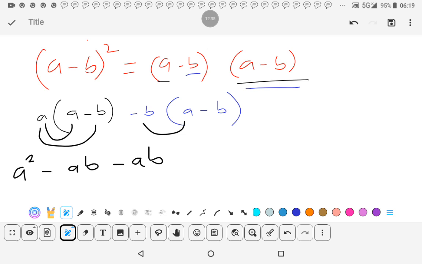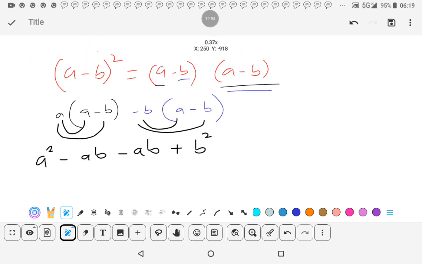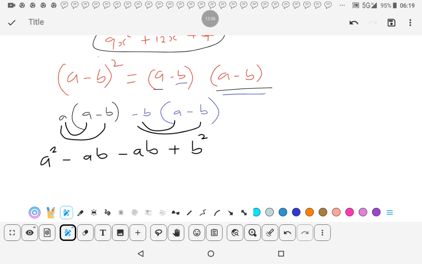Then you also multiply minus b times minus b, it will give you plus b squared.